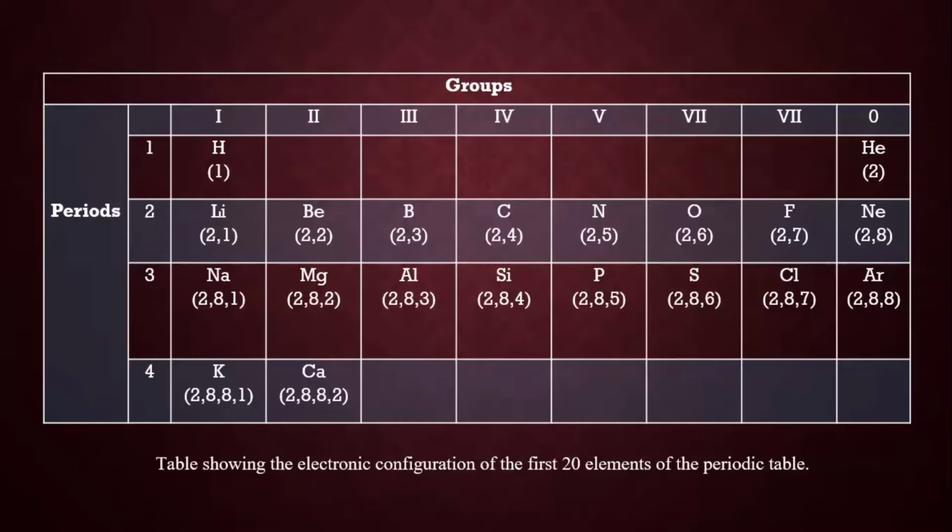The similarities in the electronic configuration of elements in the same period are that all elements in the same period have their outermost electrons in the same shell, and the period number is an indication of the number of occupied shells in an atom. That is the number of shells that contain electrons.